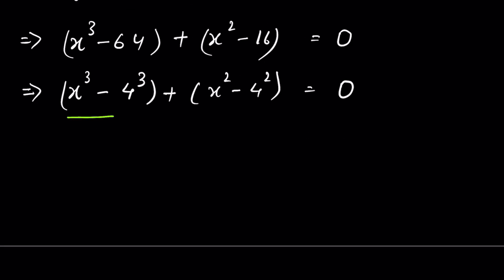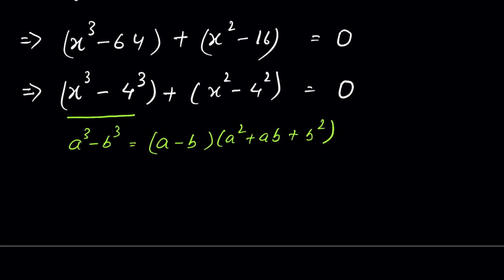Now this is in the form of a cube minus b cube, and this algebraic expression we can expand as a minus b, then a square plus ab plus b square.